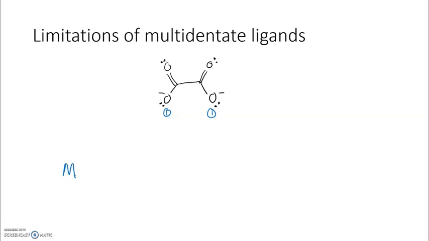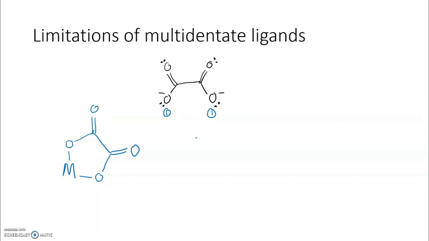So if we got M as our transition metal ion, we can form a bond to one oxygen up here and a bond to another oxygen here. And then what we end up with is a structure that looks like that.